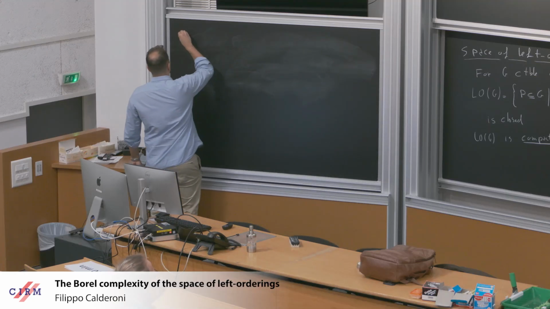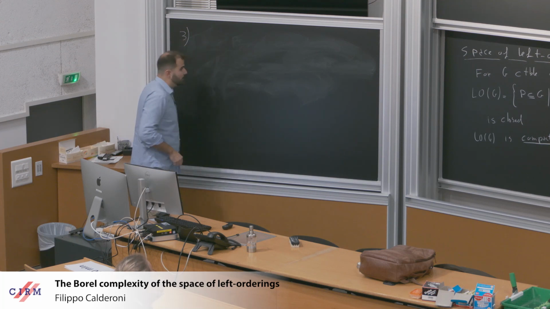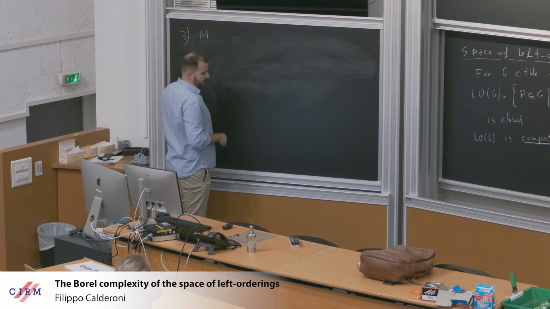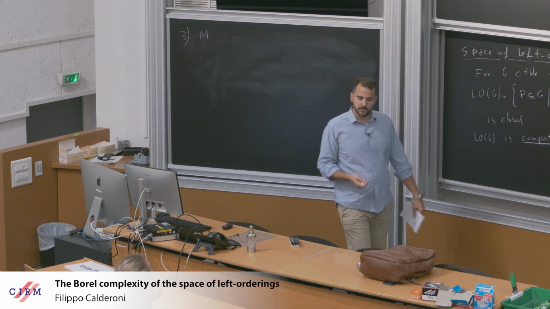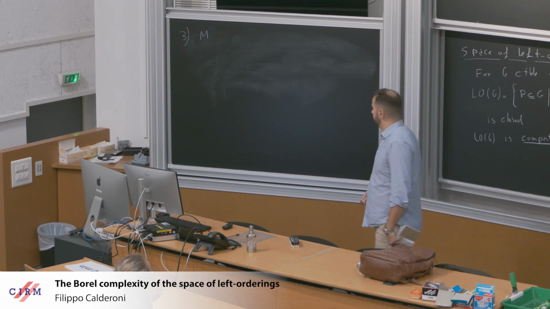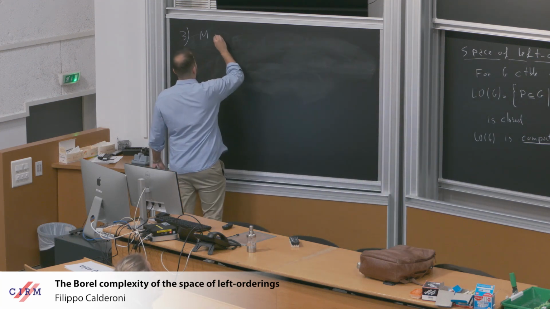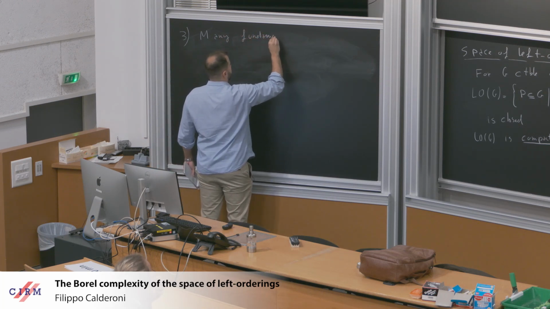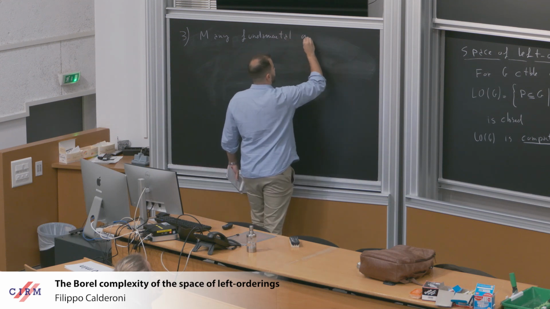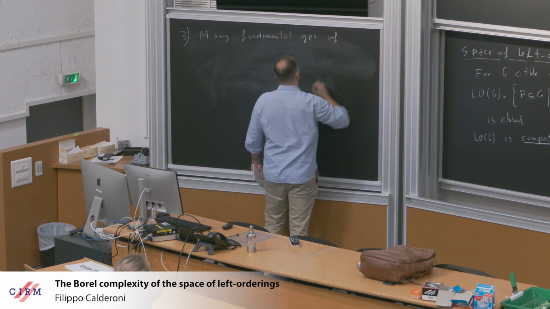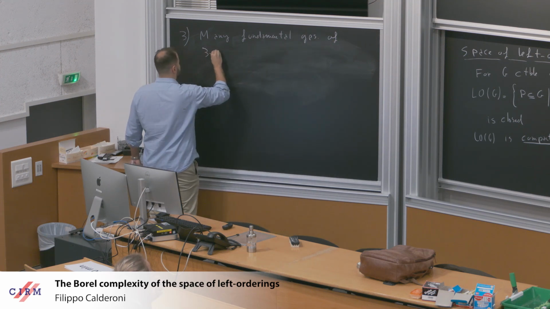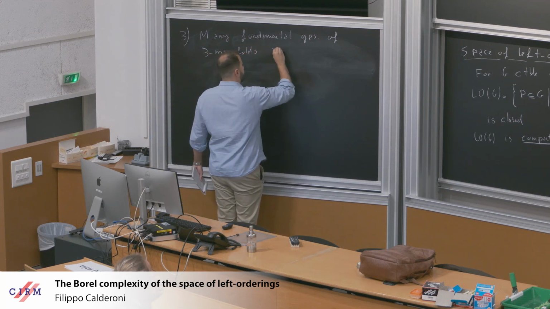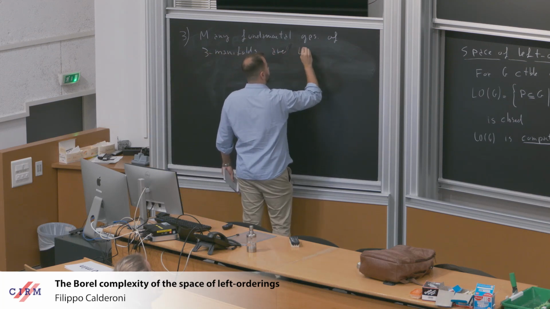Okay, so the third part of the outline was about three-manifolds. It turns out that an active area in which people are interested in left orderable groups is geometric topology. And the reason is that many fundamental groups of three-manifolds are left orderable.